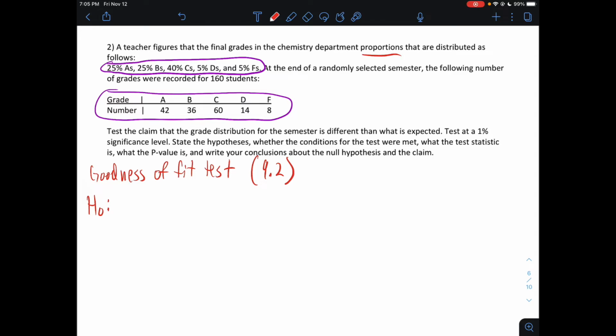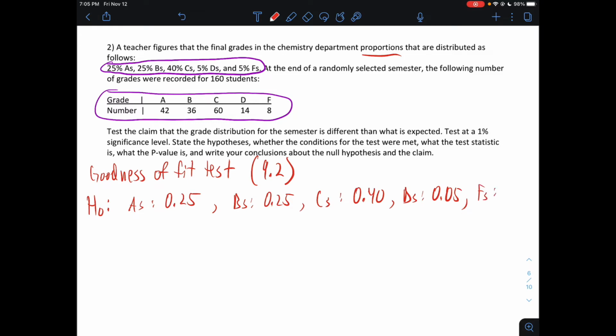So proportion of A's should be 25%, or 0.25 if we write them as decimals. B's should be also 25%. C's should be 0.40, writing as a decimal. D's should be 0.05, and F's, what is expected, would be 0.05.